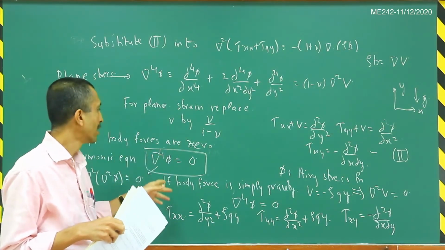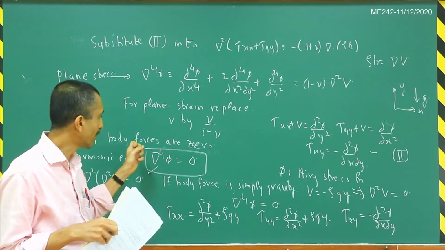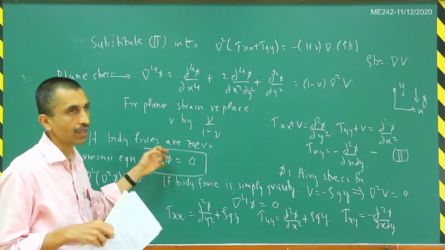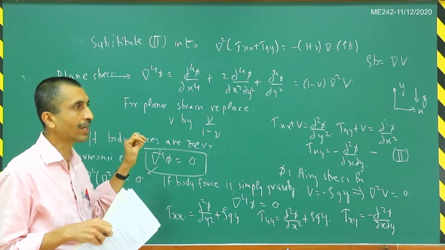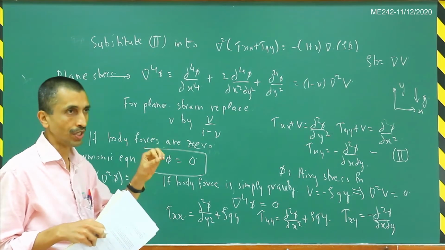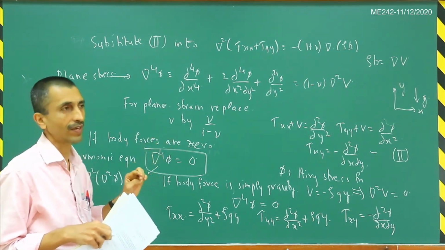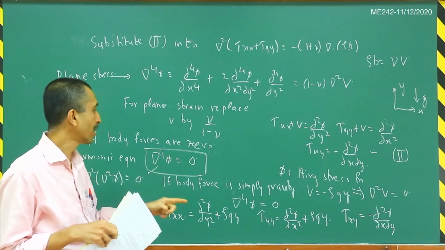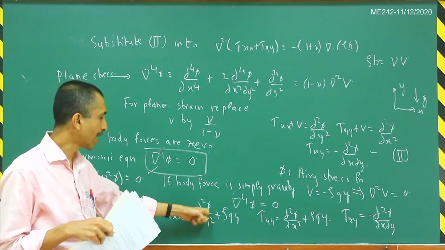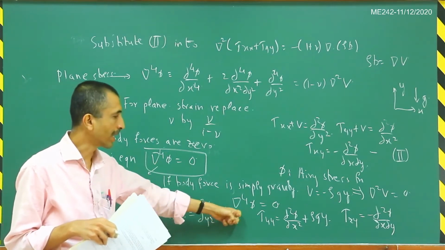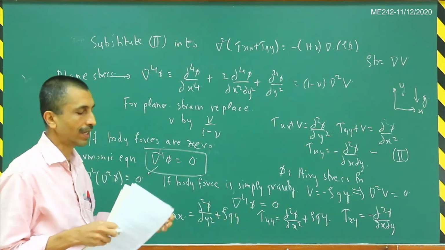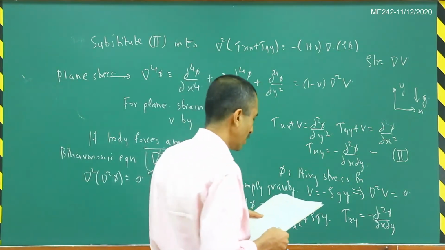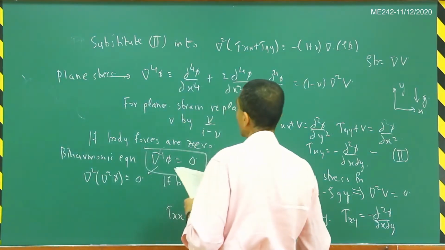Okay, and then what you have to do is solve this particular equation, del raised to 4 phi equal to 0, and find the constants in the solution such that the boundary conditions are satisfied, correct? And then once the complete solution is found, you can recover the stress components by simply plugging it into this formula that I have written here. So let us take a look at some examples. Maybe then the situation will become clear. One.